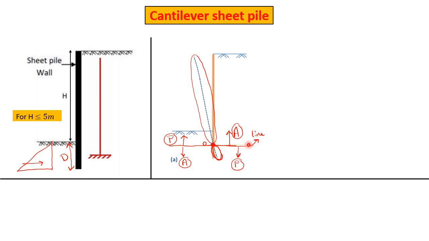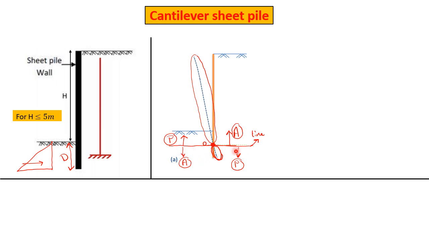So if you see here, this is my horizontal line passing through the rotation point O according to the deformed line. Above this assumed line, on the right you have active earth pressures, on the left you should have passive earth pressures.